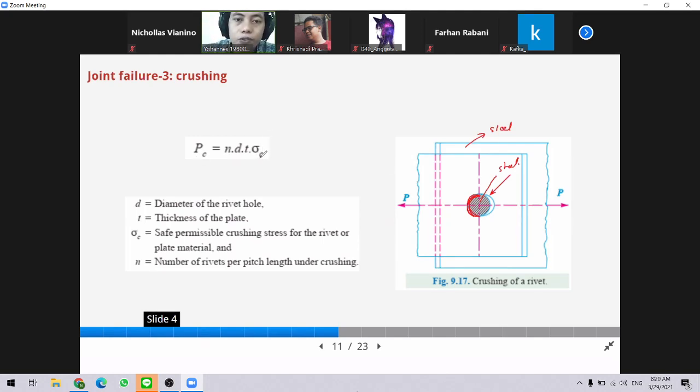Okay, so for example, if the crush occurs in the plate, then we check the properties of the material of the plate here. The crushing stress or compression stress.